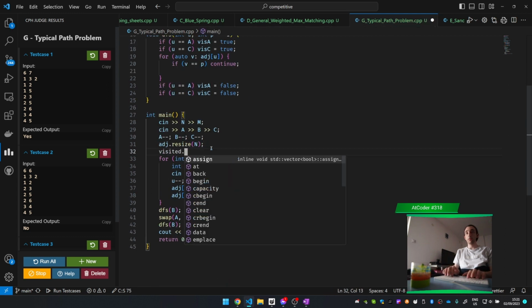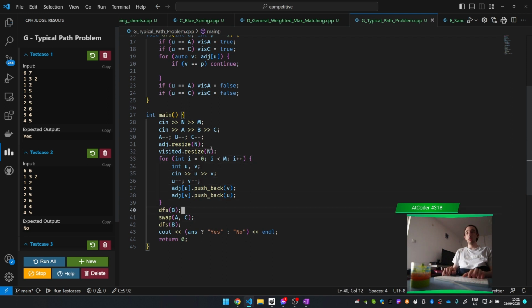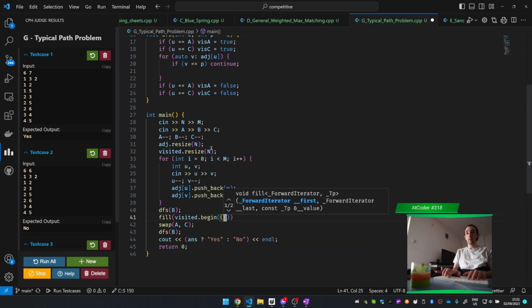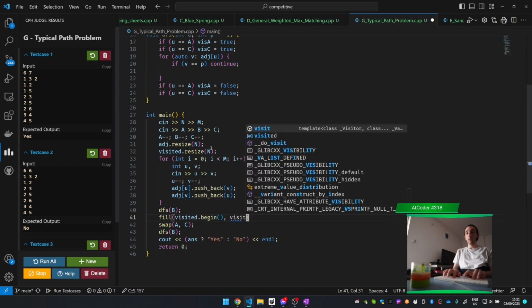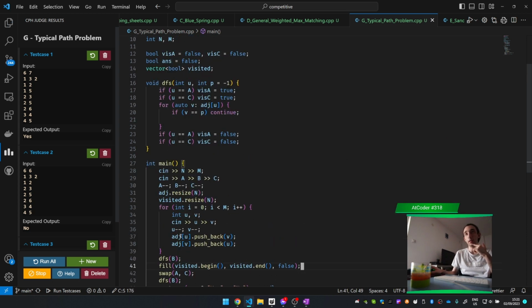Visited is something, and then this is visited, fill in visited and swap, and then do this again.